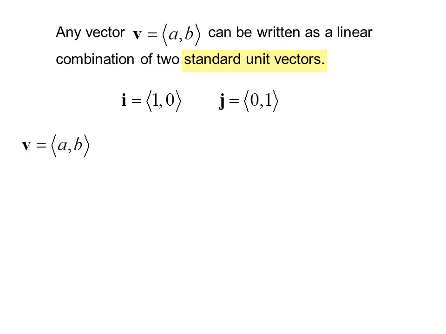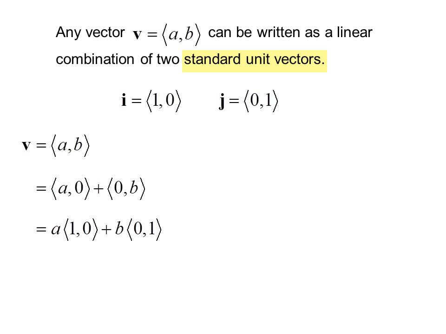V equals vector AB equals A, 0 plus 0, B, or A times vector 1, 0 plus B times vector 0, 1, which is Ai plus Bj.